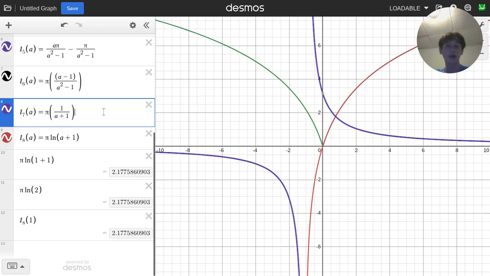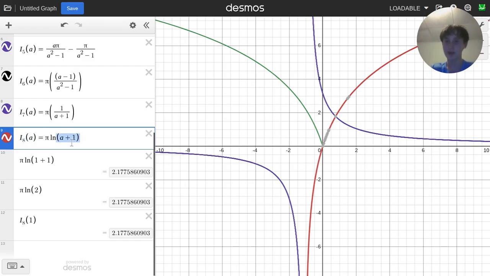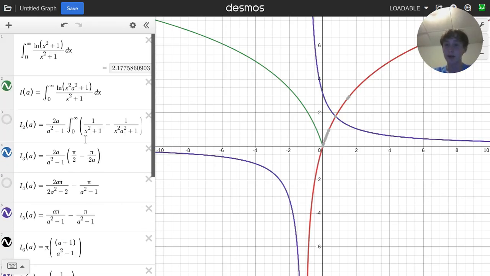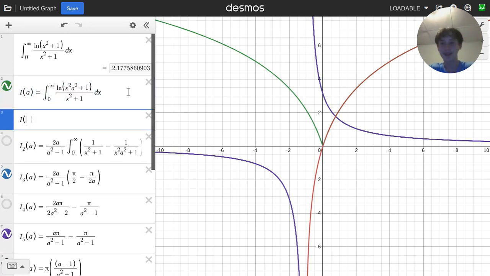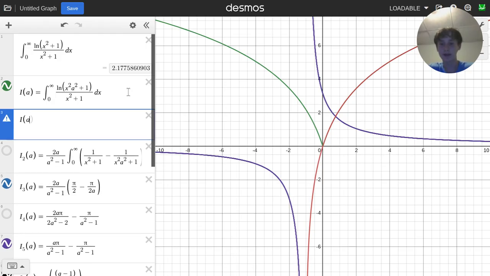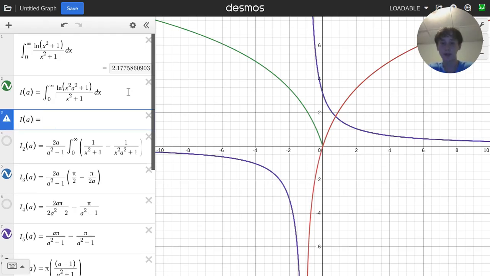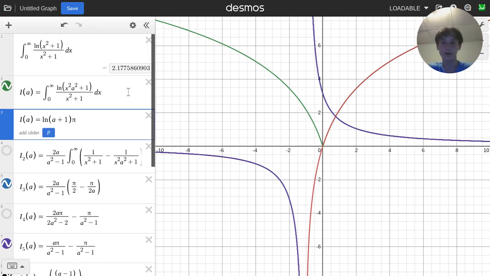But thank you for watching. Again, this is the integrated version of I7. It's integrated, so that's why it's like that. I want to make that clear now, because I didn't write any of that out very clearly. So we know that this can be turned equal to just log natural a plus 1 times pi.